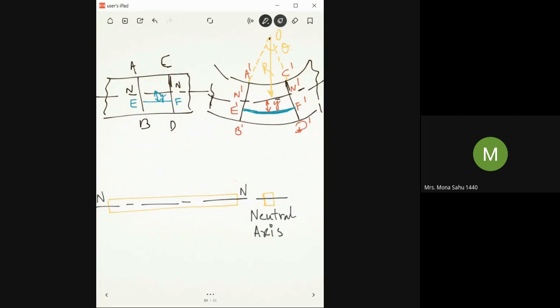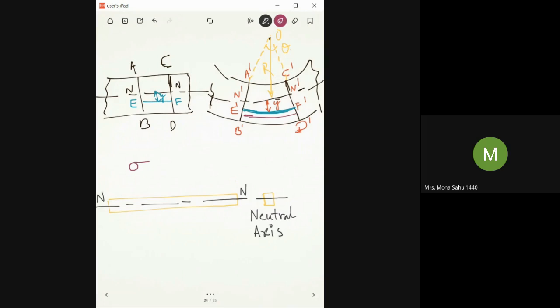Okay, so if I have to calculate the stress variation on every layer, it is directly proportional to the distance from the neutral layer. I'm not going to derive it. On the neutral layer, the stress is going to be 0, because the dimension will not change.